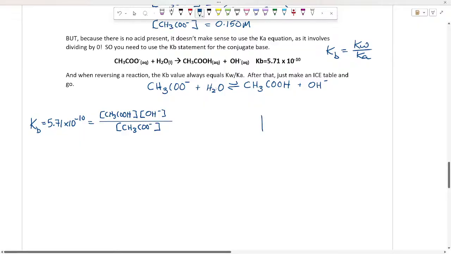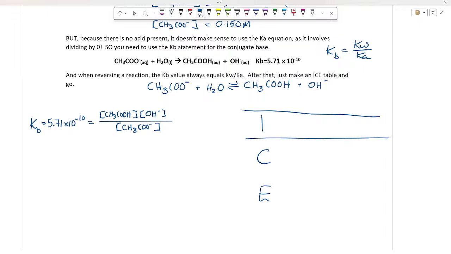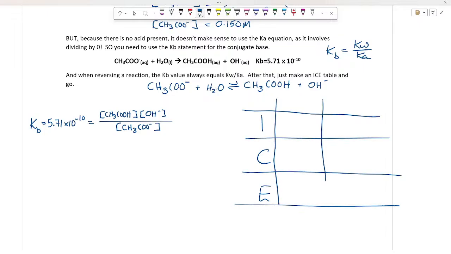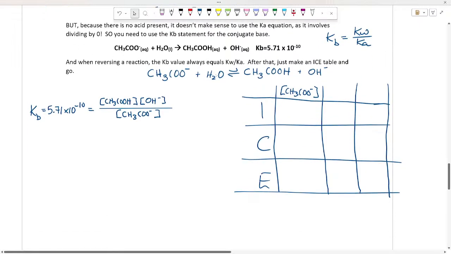An ICE table. So there's I, there's C, there's E. And there's one piece of good news: Kb is tiny, so we're almost certainly going to pass our little test here. But what's the concentration of CH3COO minus that we're starting off with?